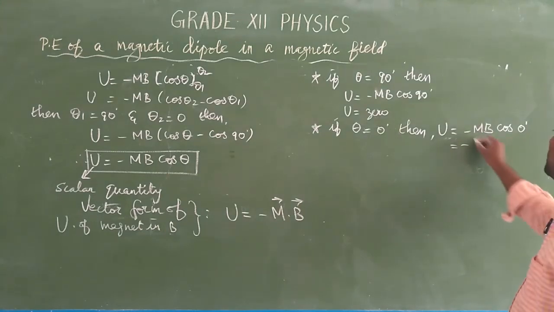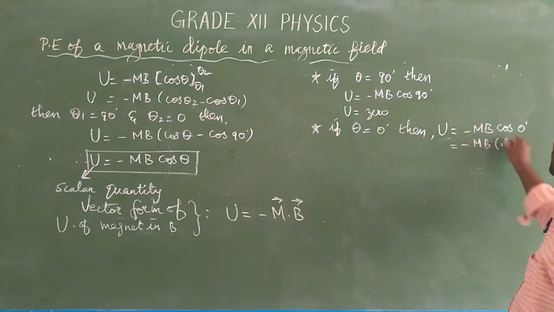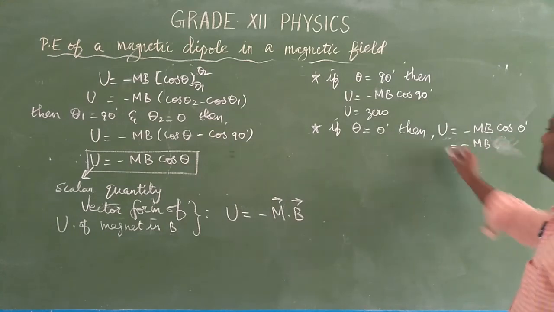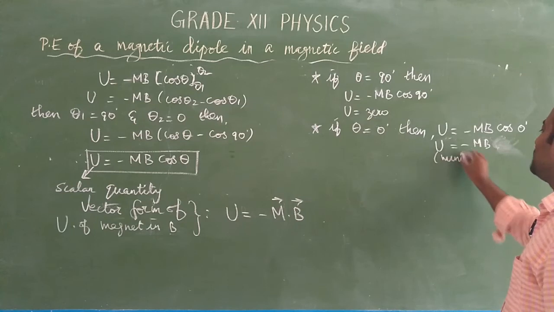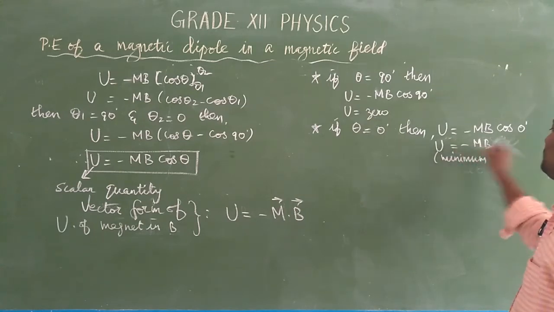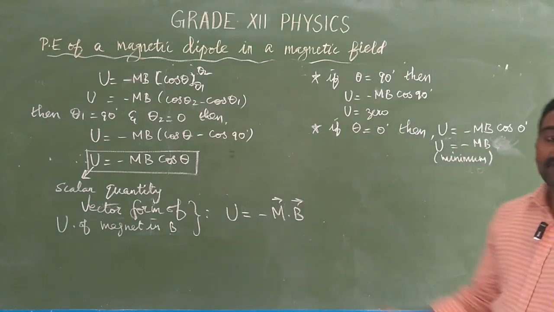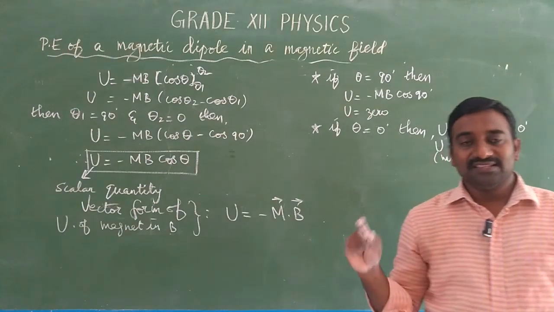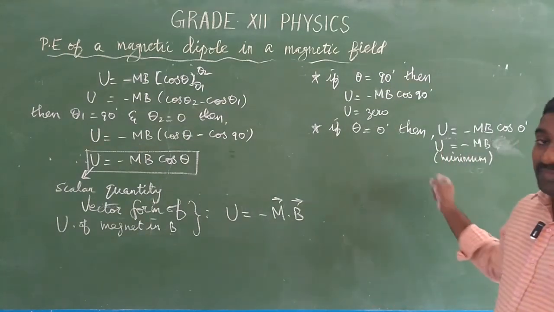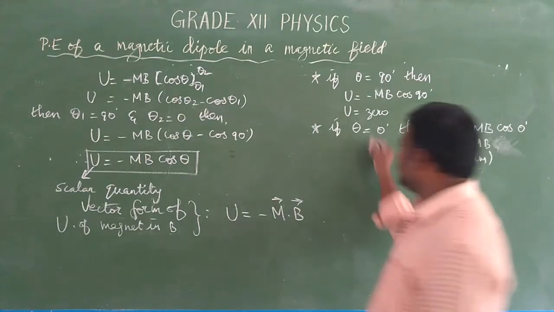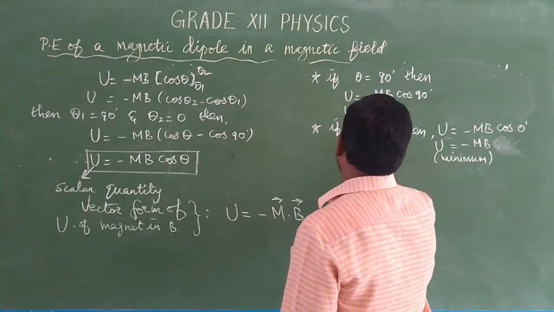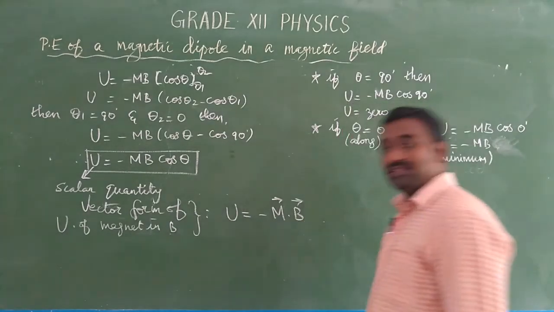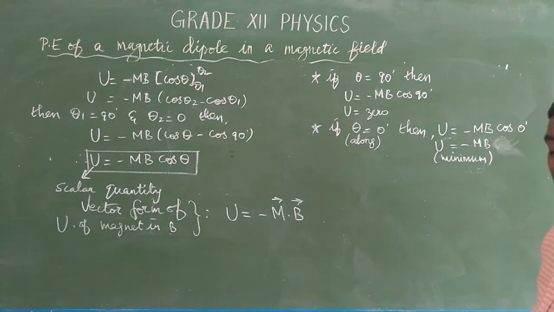So minus mb into 1 is equal to minus mb. So here it is negative, which means minimum. So potential energy is minimum if the position of the magnet is along the direction of the magnetic field, which means theta 0. So when the magnet is placed along the direction of the magnetic field, the potential energy is a minimum.